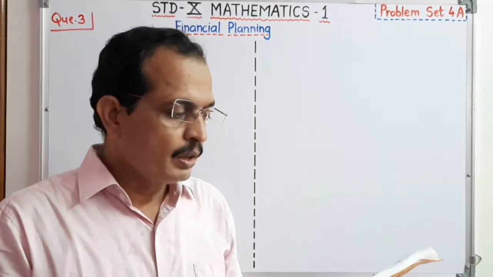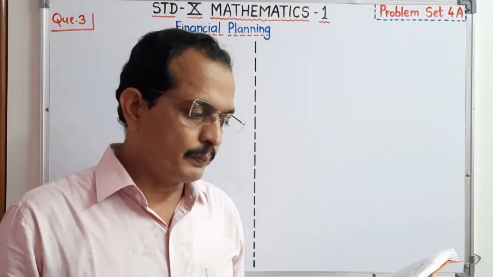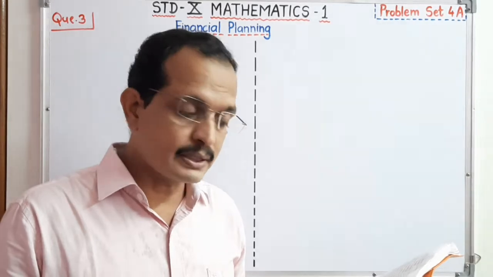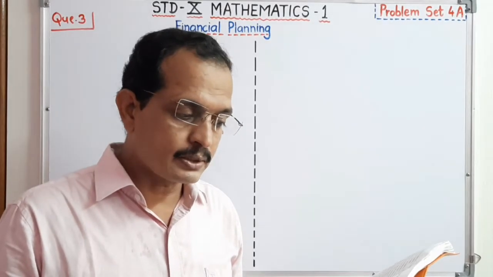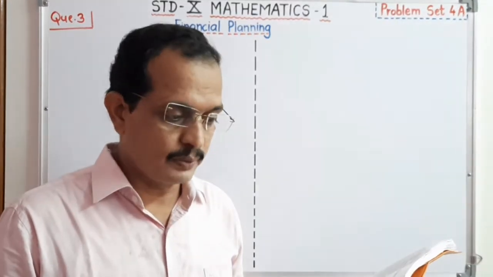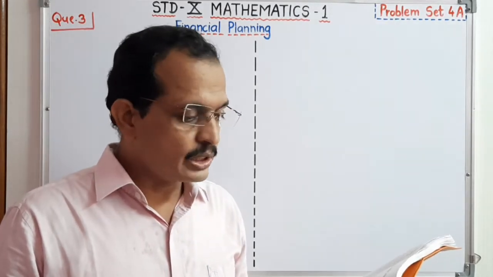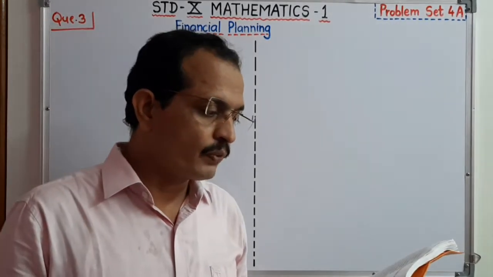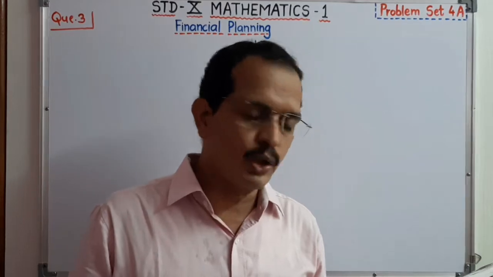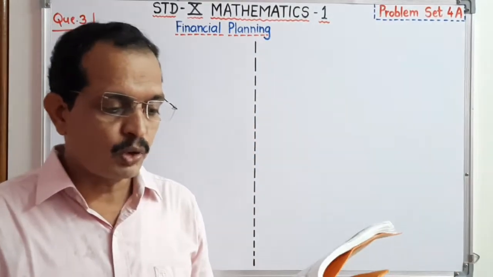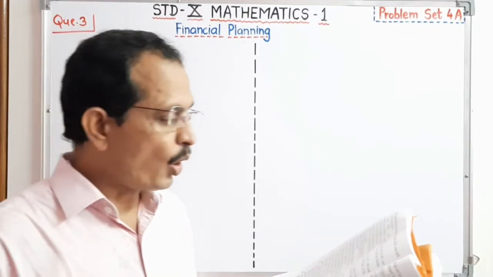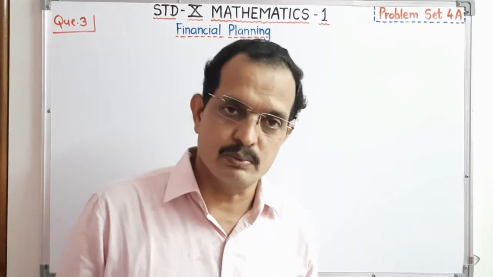Now see, a ready-made garment shopkeeper gives 5% discount on a dress of rupees 1,000 and charges 5% GST on the remaining amount. Then what is the purchase price of the dress for the customer?